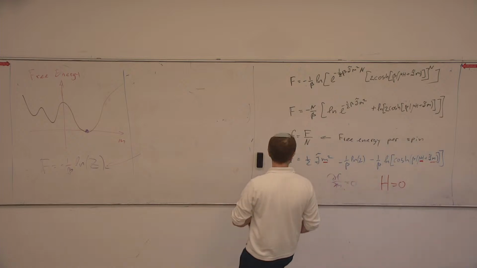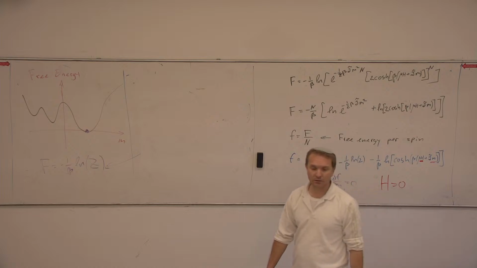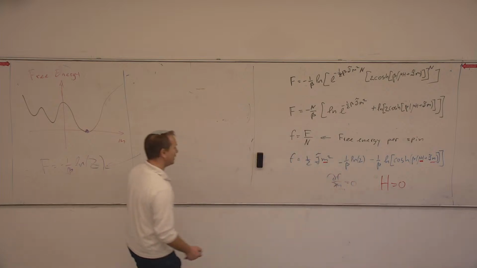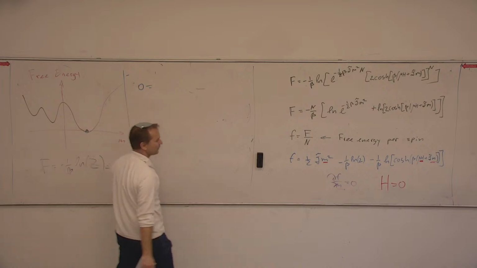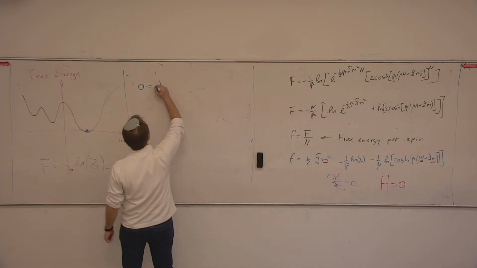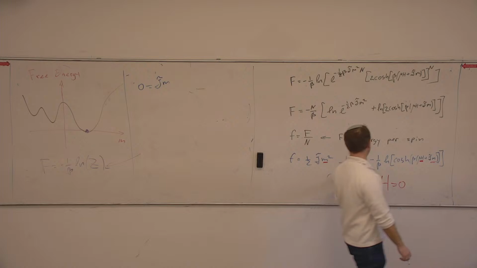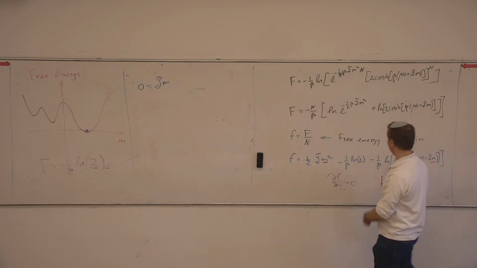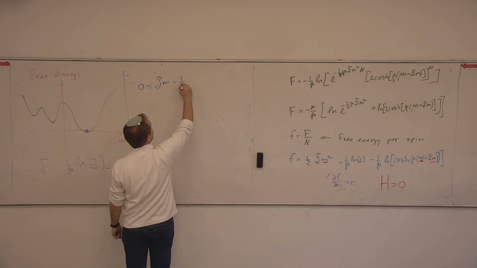And we take the derivative. So what's the derivative? We have 0 equals, the derivative of this guy with respect to m is just j tilde m. The derivative of this guy with respect to m is 0. It's independent of m at all. And we have minus 1 over beta.